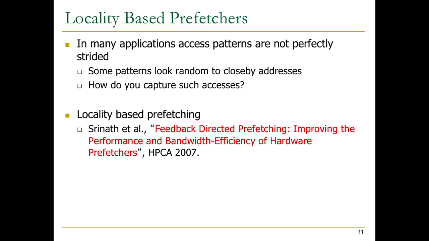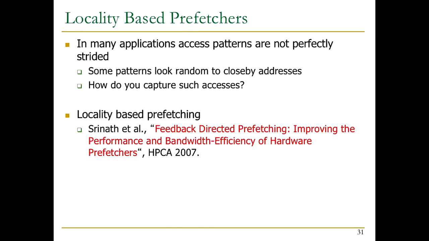So existing processors actually try to do more complicated things because many applications' access patterns are not perfectly strided. Some patterns look random to close-by addresses. You may actually, for example, even in programs, operate on a data structure in different ways because of the branches, right? You get to the data structure that's maybe, I don't know, 16 cache blocks big, and you access different fields of it depending on the data values that you have in different fields.